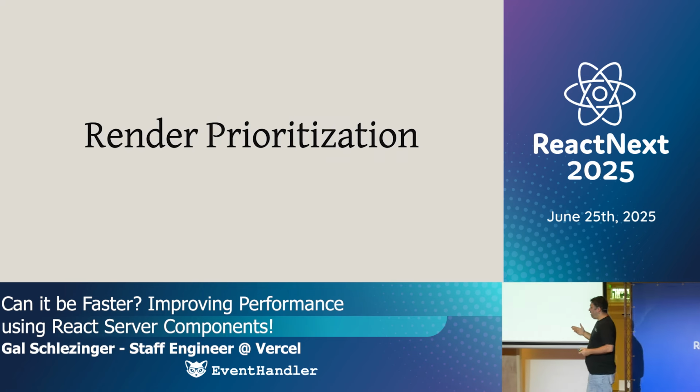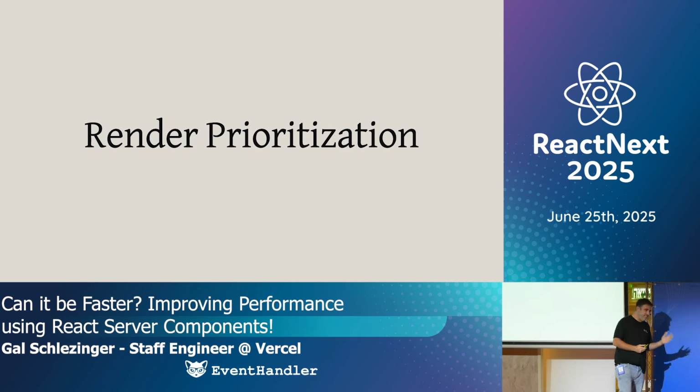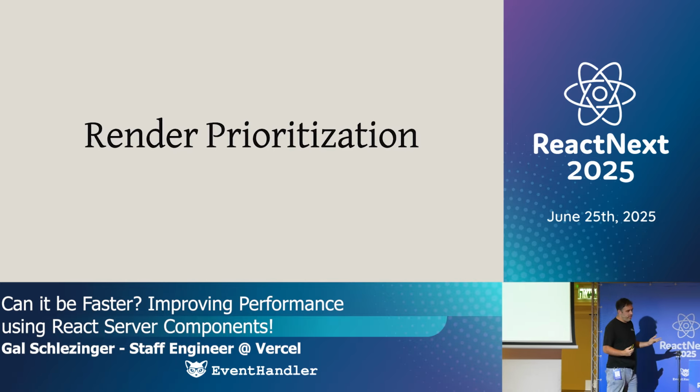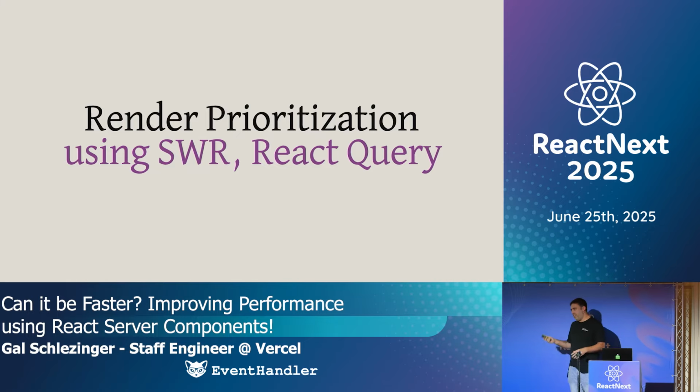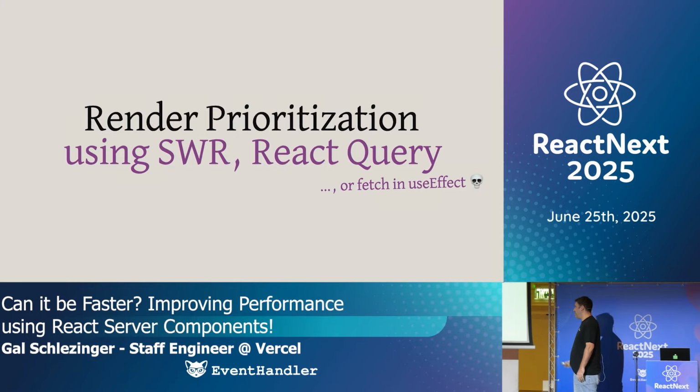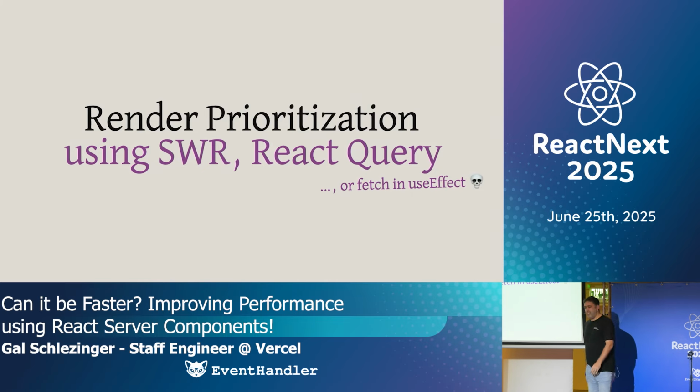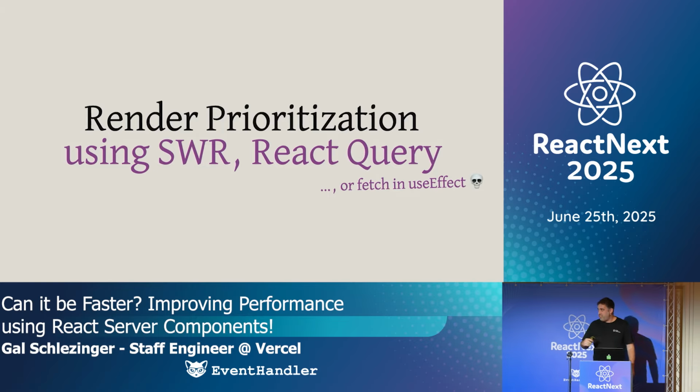That means that we need to optimize for render prioritization, and we did that by using libraries like SWR or React Query, or, as Evitar showed, fetching in useEffect, which I know that people hate, but I don't do frontend, so it's just a joke to me.